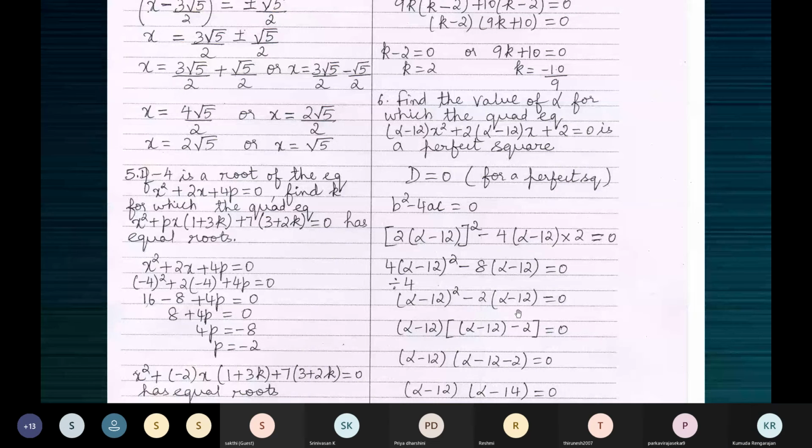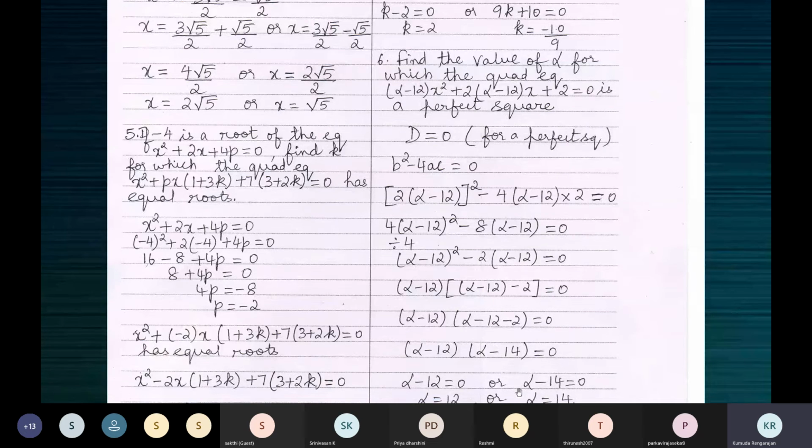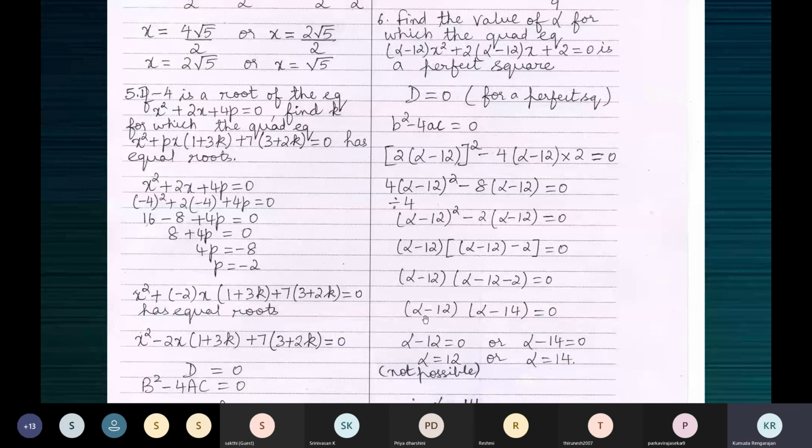This is equal to 0. So work this: alpha minus 12 minus 2, so alpha minus 14. So alpha minus 12 into alpha minus 14 is 0. That means when alpha minus 12 is 0, alpha is equal to 12. When alpha minus 14 is 0, alpha is equal to 14.